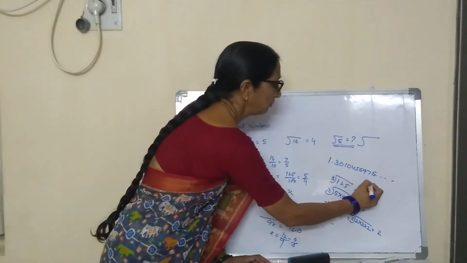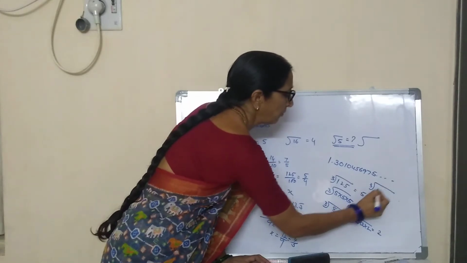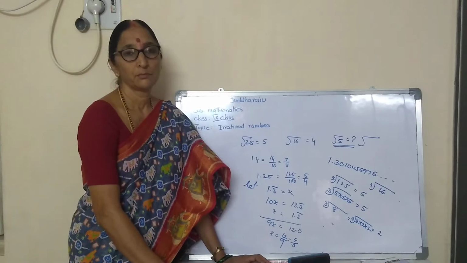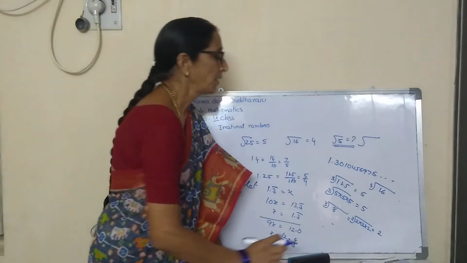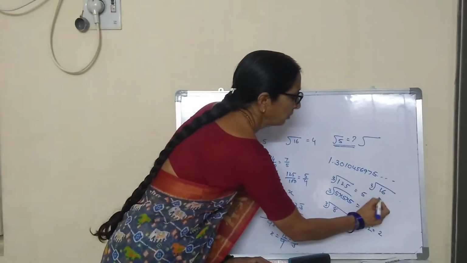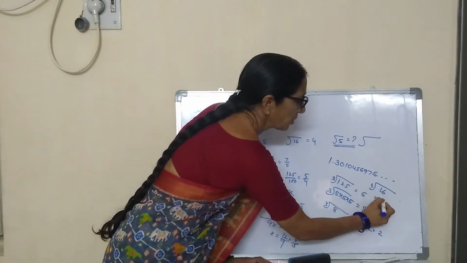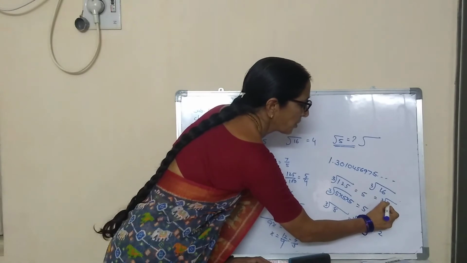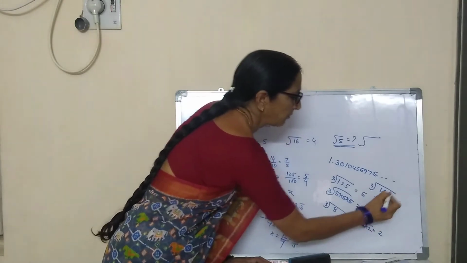Now tell me, what is the cube root of 16? We can't say. 16 means 2 power 4.